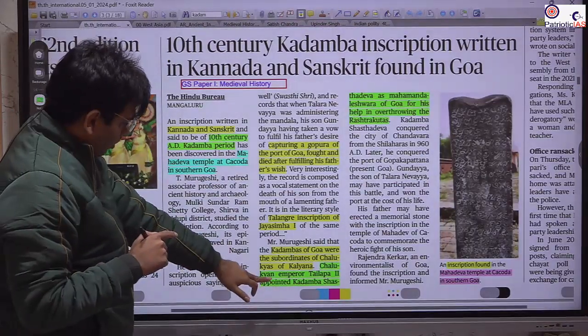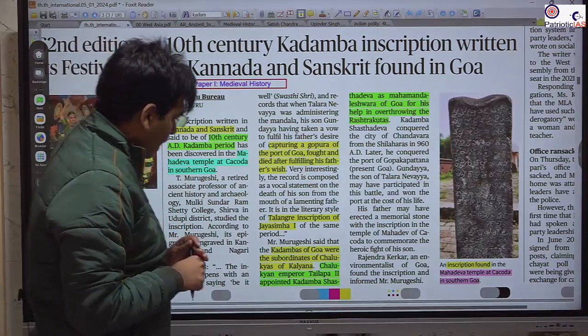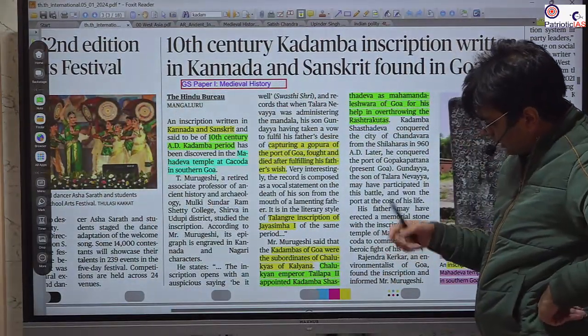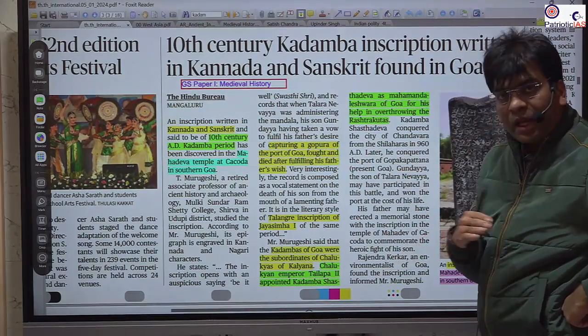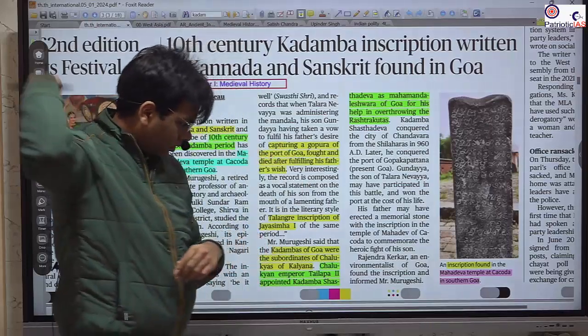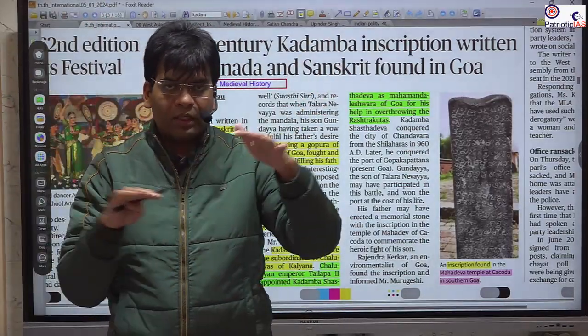Second important thing you should know is about the Chalukya. Their rule started after the end of the Gupta period, and they again belonged to the southern and Deccan region.